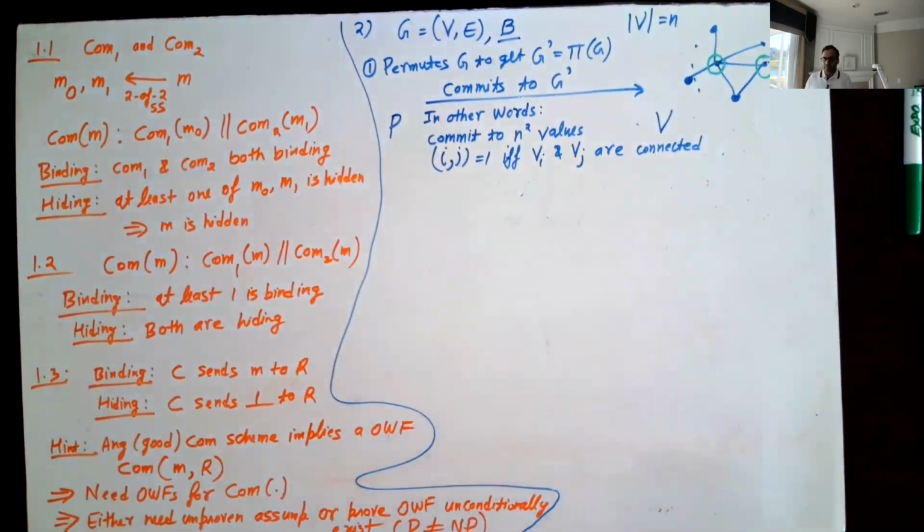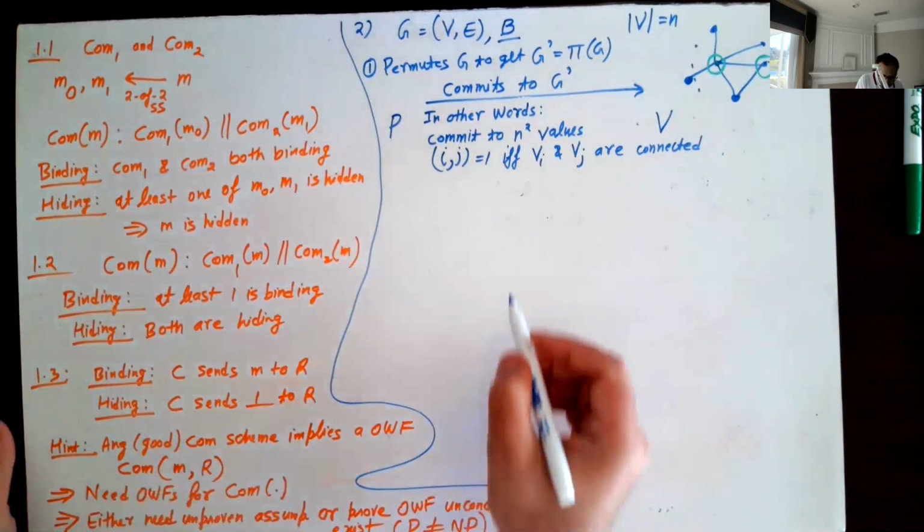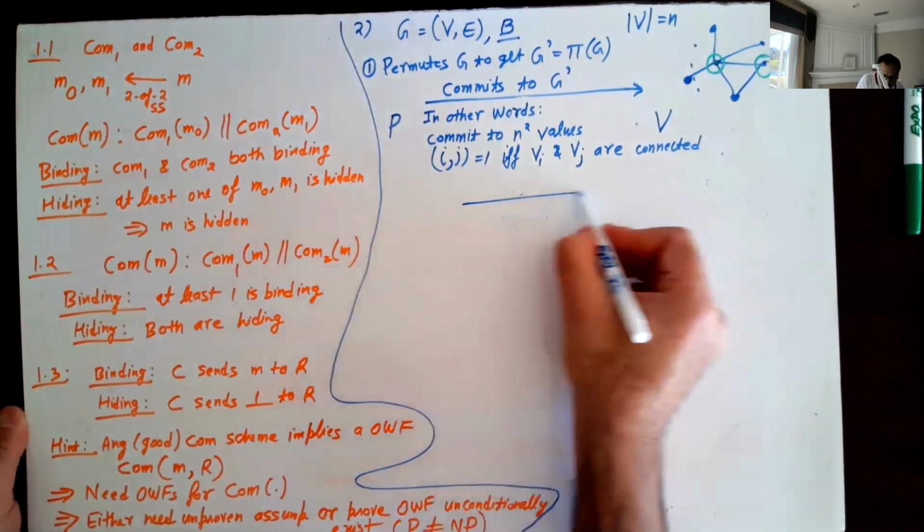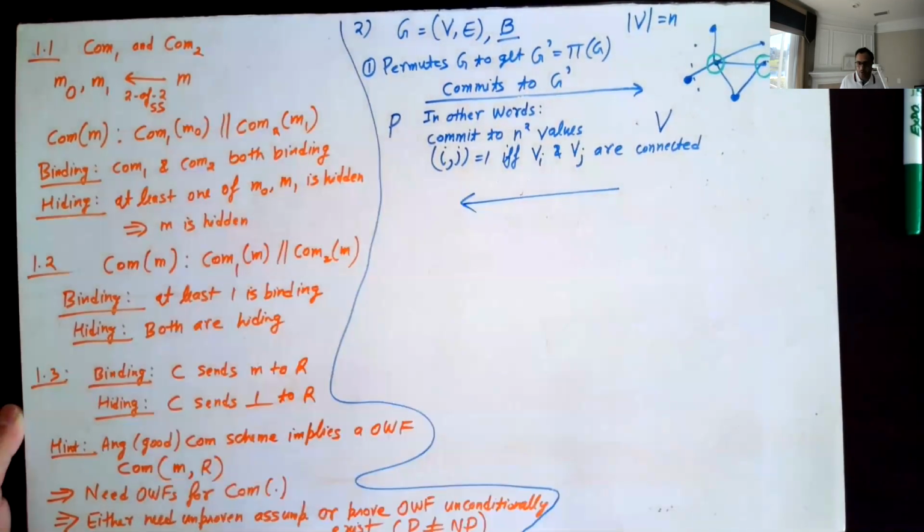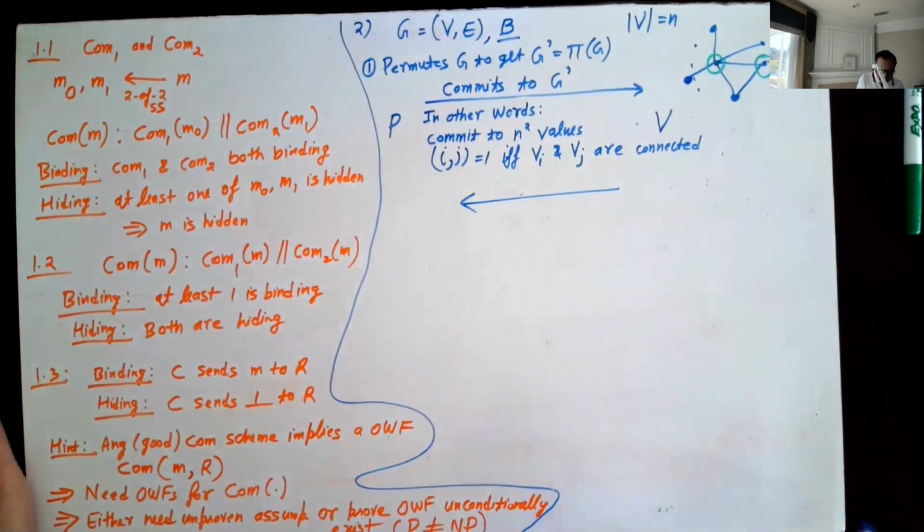Okay, this matrix representation is the most common representation for graphs. Of course, every value is hidden at this point. The verifier has no idea what is being committed.